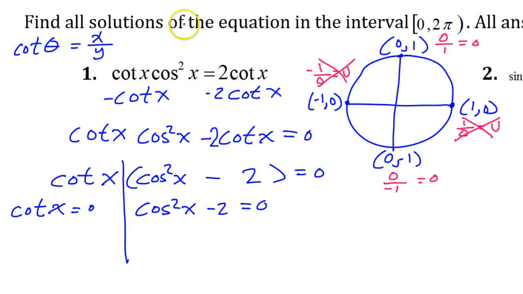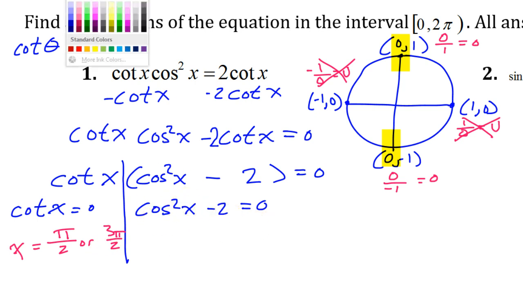Okay, so we want the cotangent to equal 0, so we see that is happening here and here. All right, the cotangent is in fact 0. So that is pi over 2 and 3 pi over 2. So x is equal to pi over 2 or 3 pi over 2. So those are two solutions so far, but we're not done. We've got to keep going.